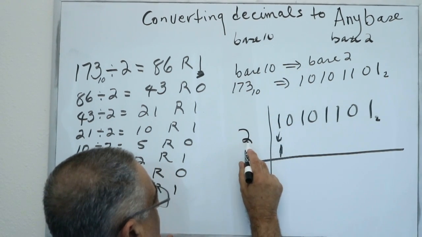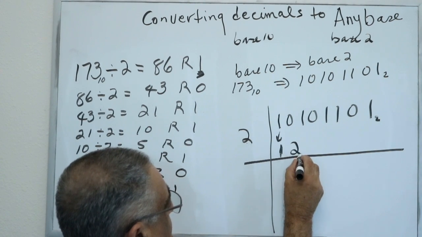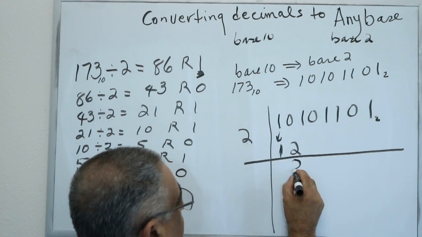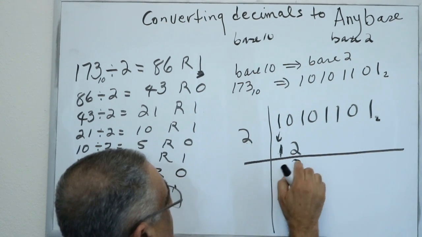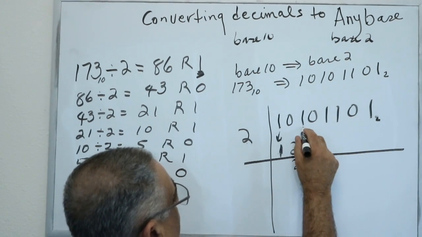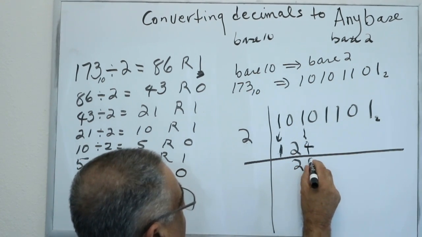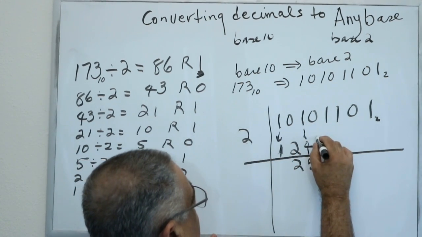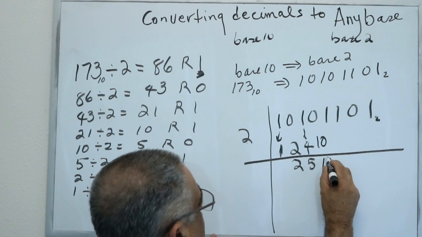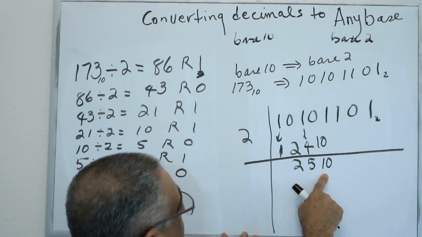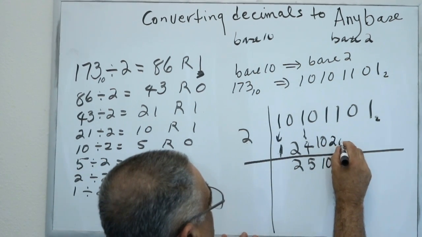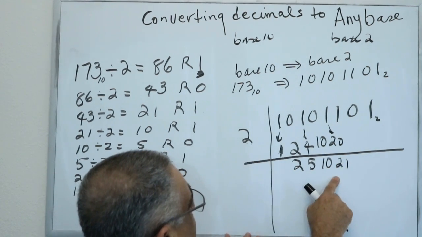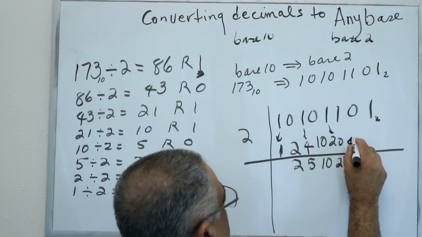Now 2 times 1 is 2. 2 plus 0 is 2. 2 times 2 is 4. 4 plus 1 is 5. 2 times 5 is 10. 10 plus 0 is 10. 2 times 10 is 20. 20 plus 1 is 21. 2 times 21 is 42.